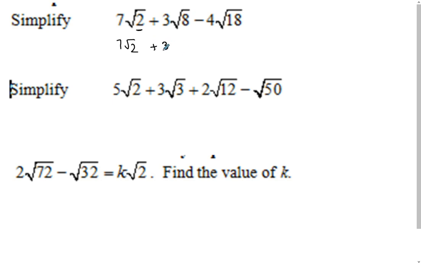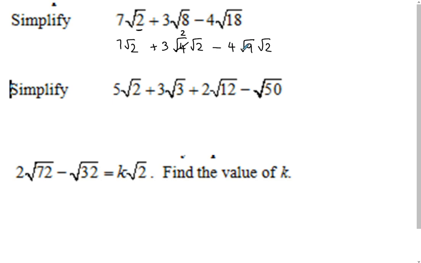So I've got 3, and then if I make that surd 2, 2 times 4. Yeah, okay, and that simplifies to 2. And then minus, you've got 4, and because we had our 2's, 2's, 2's, let's try a 2 there. 9 times 2 is 18. Yeah, so we've got surd 2's there.